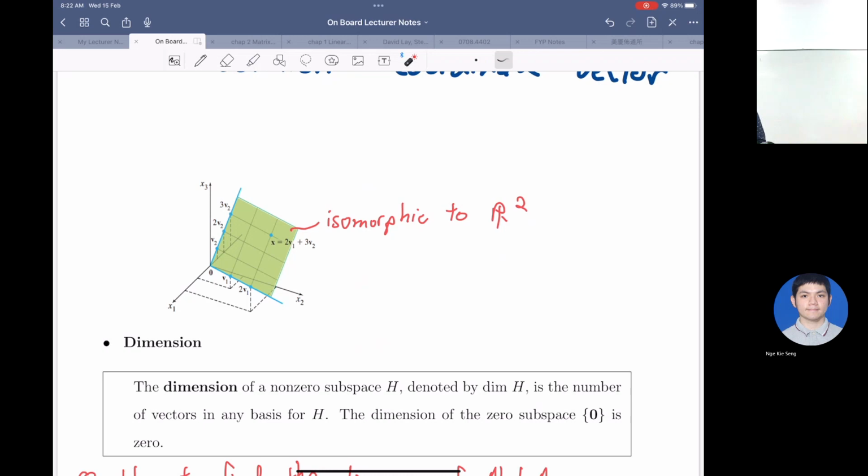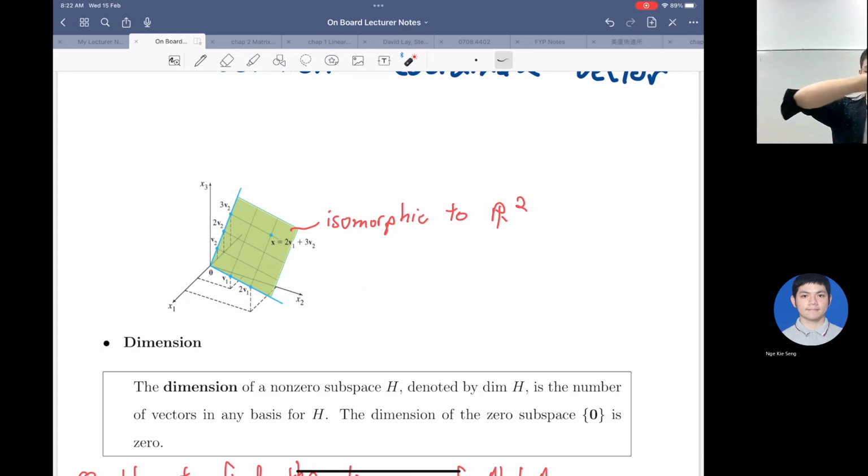And the dimension of the zero subspace is 0. This quite matches our geometric intuition, right? Yesterday, someone asked me, is the 0 vector a point? I said yes, it's a point. So this dimension should capture this information here. So the dimension of the zero subspace is 0, no dimension.